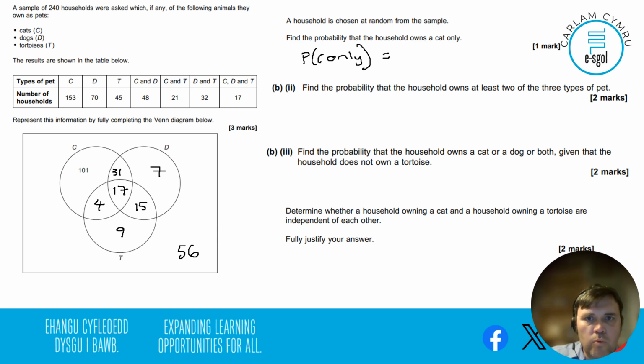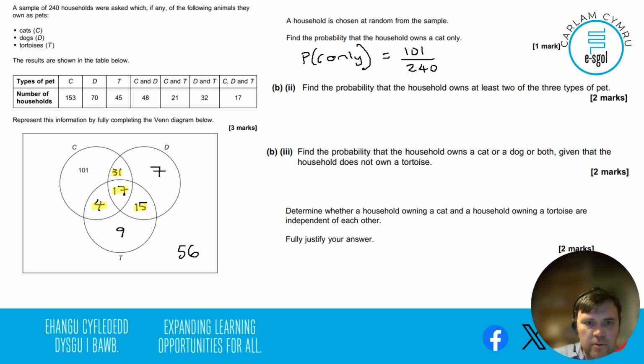Well, 101 over 240. Next, the probability that a household owns at least 2 of the 3 types of pet. Let's see, is that highlighted? So 2 out of the 3, you've got that one, that one, that one, and that one.